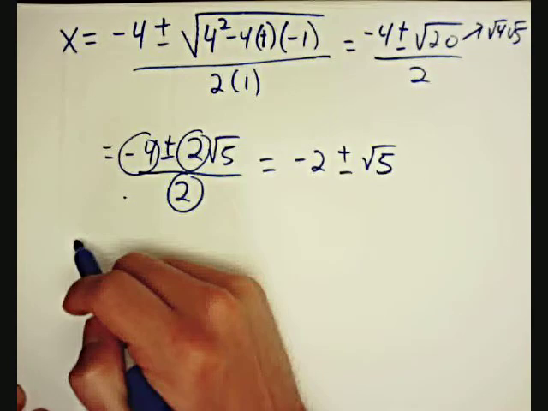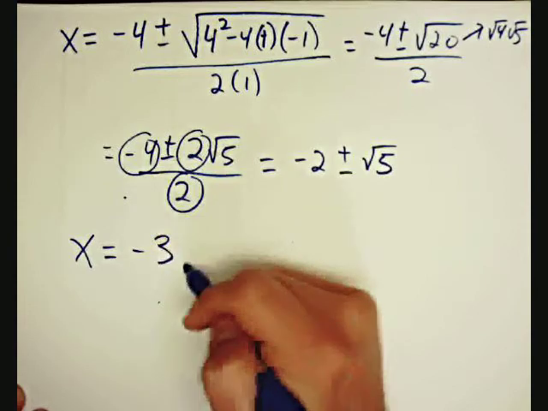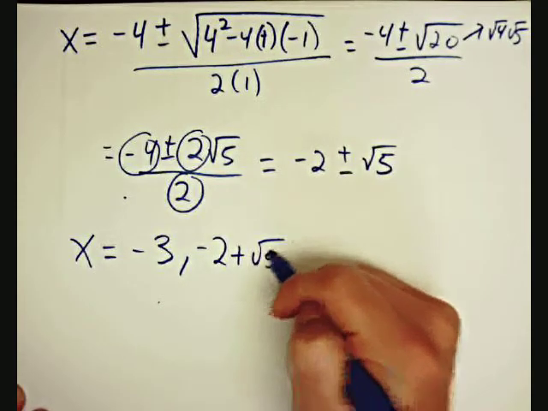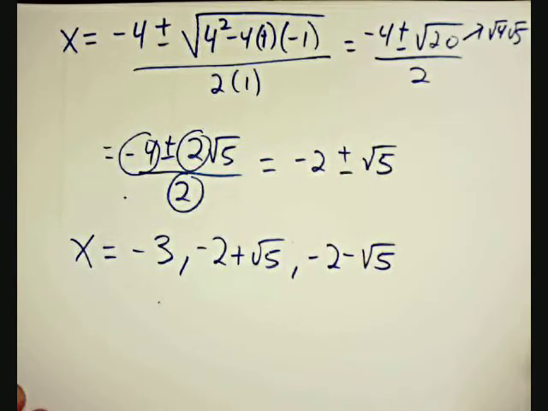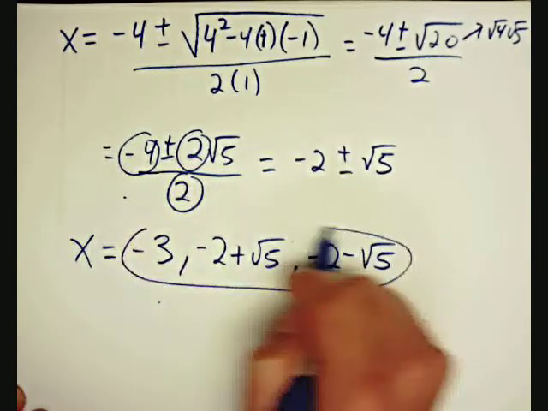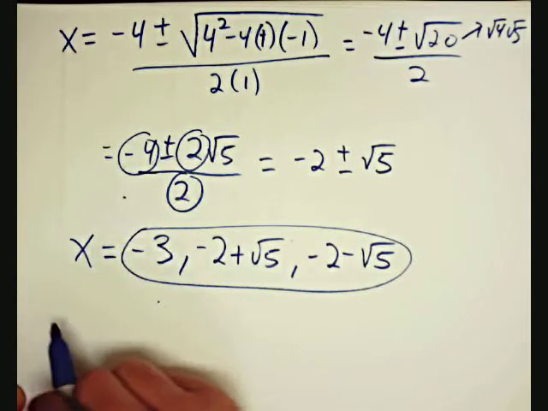So our zeros are negative 3 from our calculator, negative 2 plus the square root of 5, and negative 2 minus the square root of 5. So there's our three zeros. Other thing in the problem is it says to write f of x in factored form.